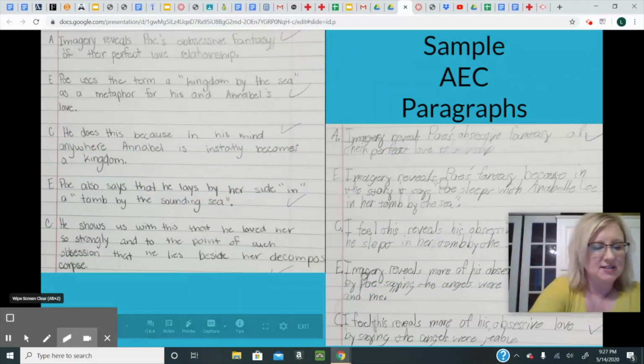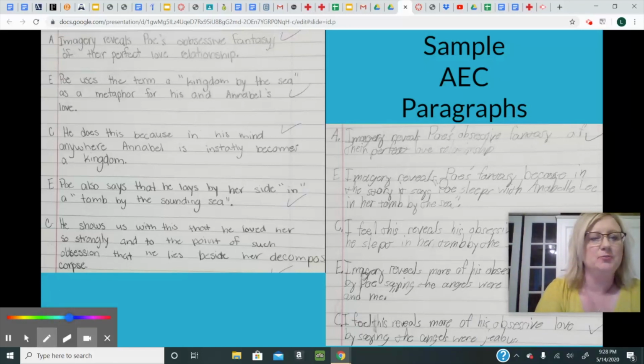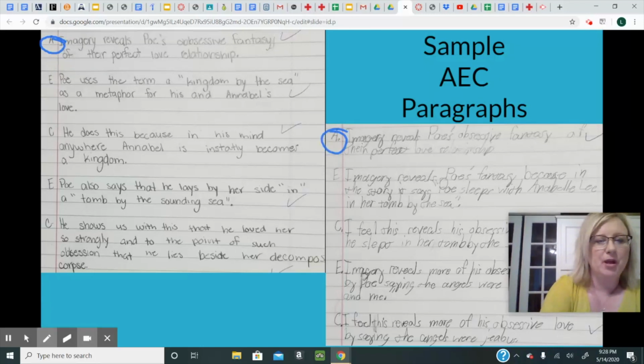Again, this is the same little thing. This is, again, just very quick, just to see what they would maybe do. Same assertion, same assertion. Used kingdom by the sea again. It was very popular. And this time said it was a metaphor for their love. And a little bit of misspelling there. In his mind, instantly becomes a kingdom, anywhere Annabelle might be. And lays by her side in.